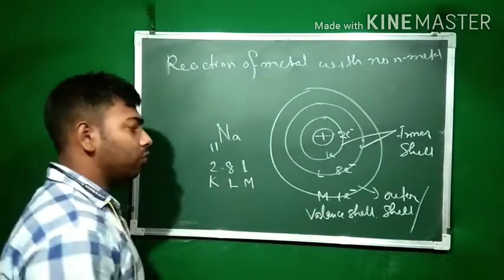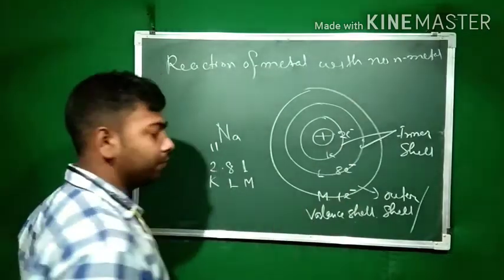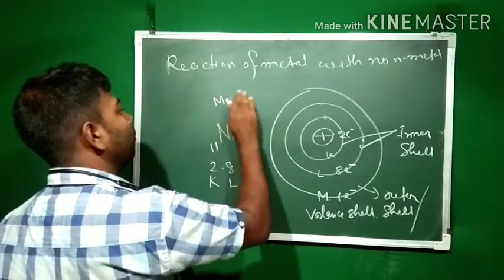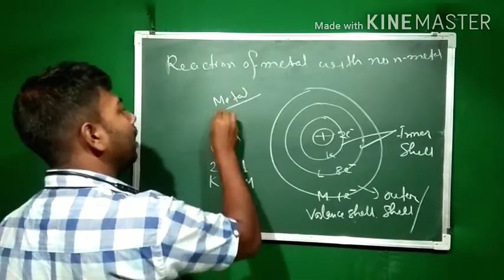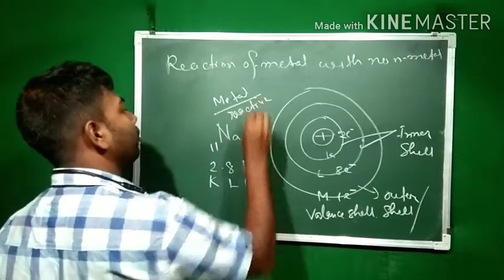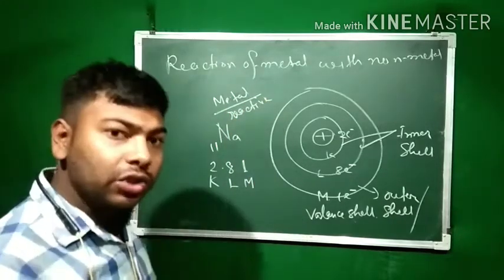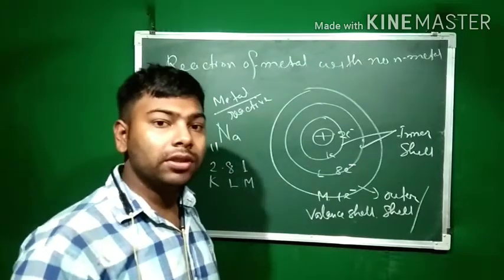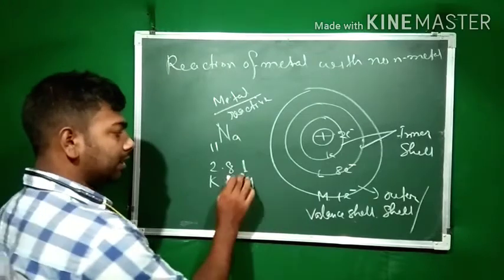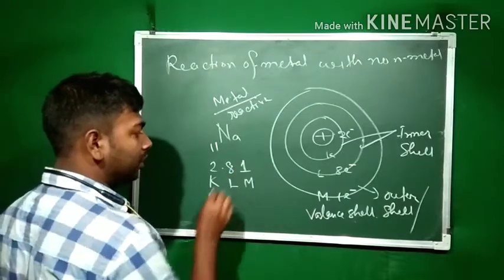Okay. Now see what happens with metal and non-metal. Metals, as I know, are reactive. Reactive means they want to react with other species. Why do they want to react? Because here in the valence shell, only 1 electron is there.